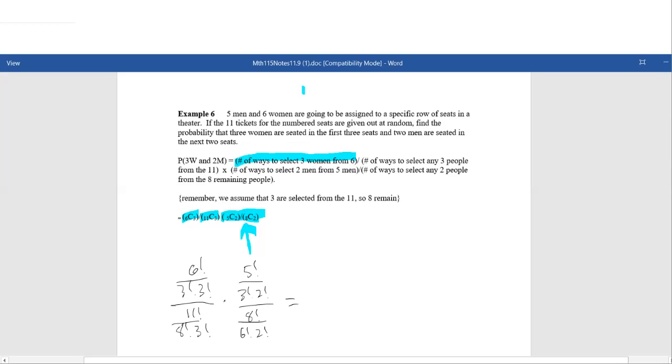Okay, so let's see what that gives us. 6 factorial over 3 factorial, 3 factorial times 8 factorial, 3 factorial over 11 factorial times 5 factorial over 3 factorial, 2 factorial times 6 factorial, 2 factorial over 8 factorial.